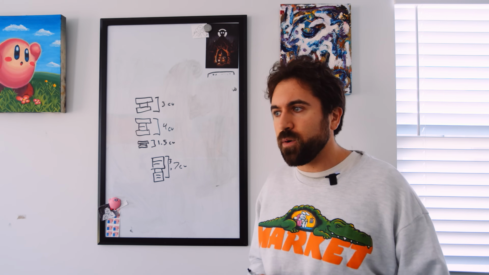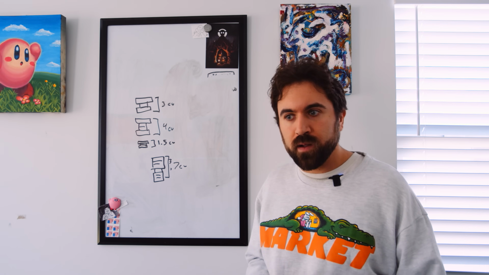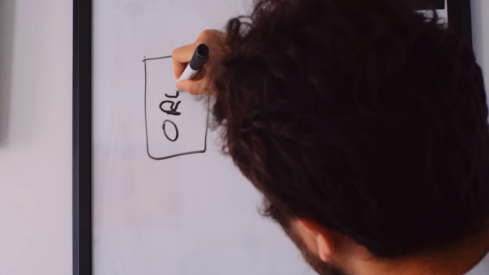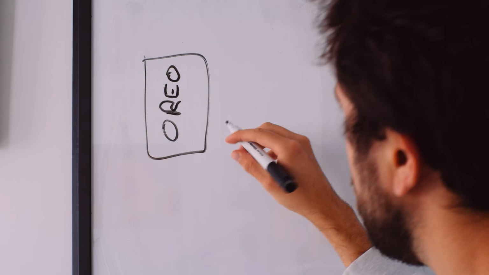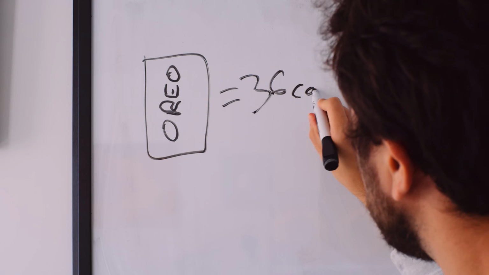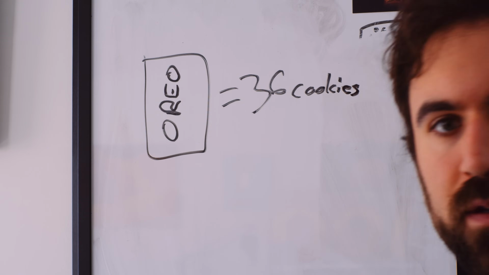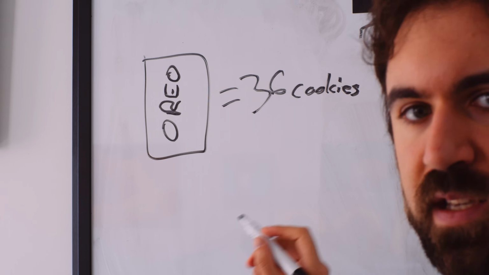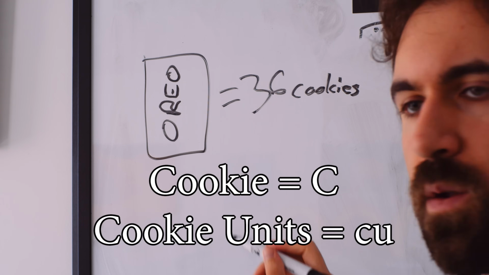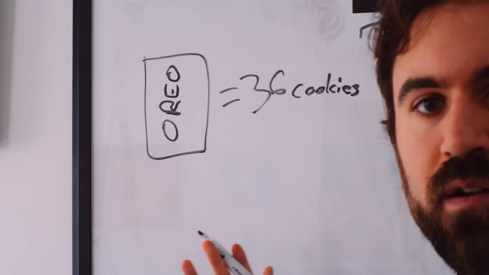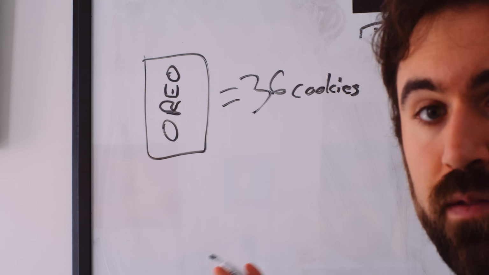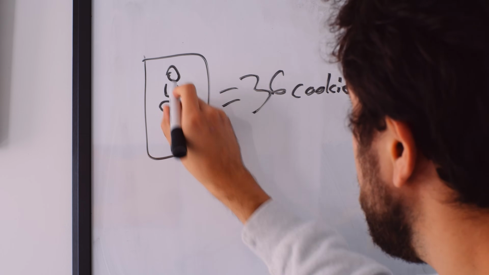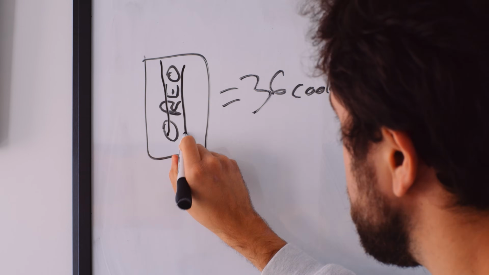Now, a standard box of Oreos has 36 Oreos in it. 36 cookies. If I was a science teacher, I'd probably abbreviate that with a big C, and then cookie units is the little c and a little u. A standard pack of Oreos, the 14.3 ounce one, is divided into 3 rows on the inside.